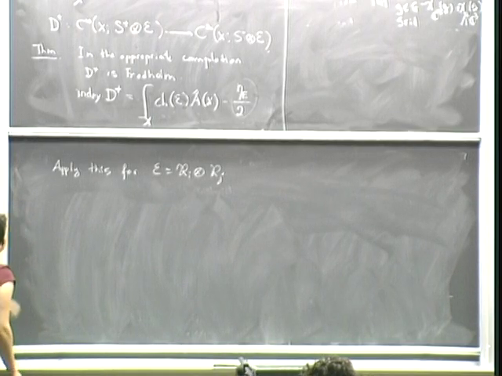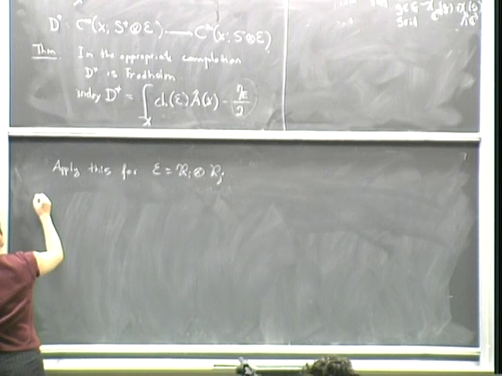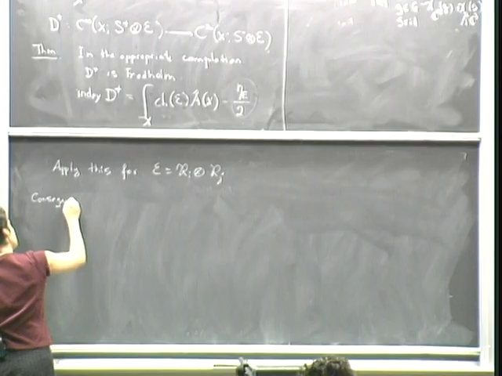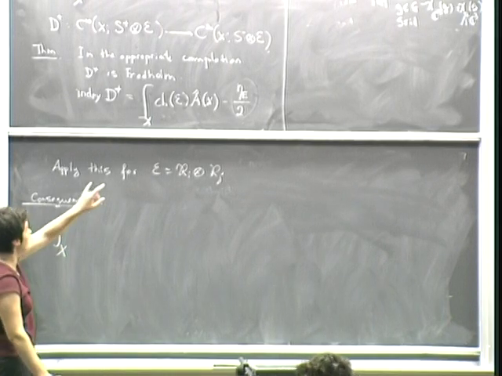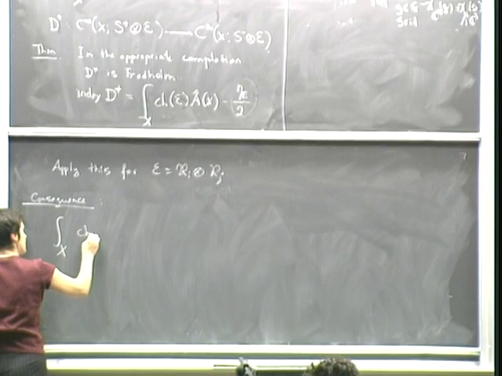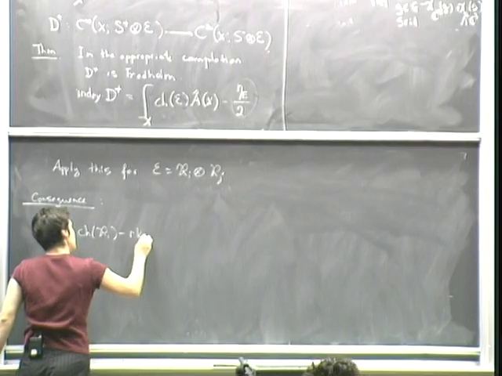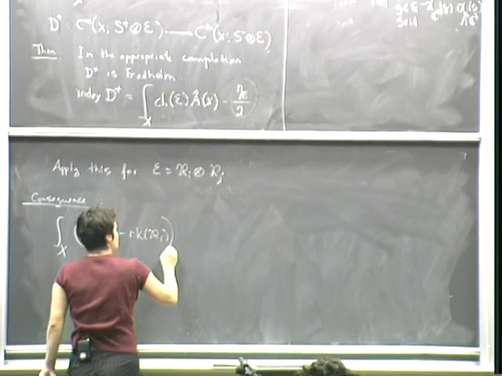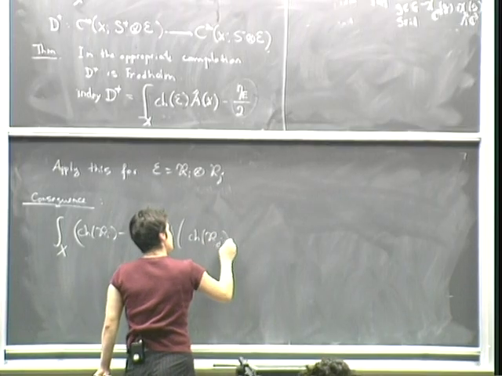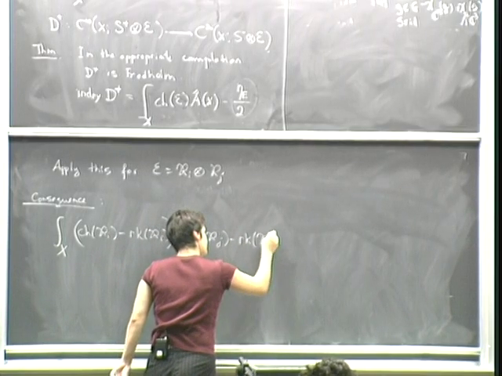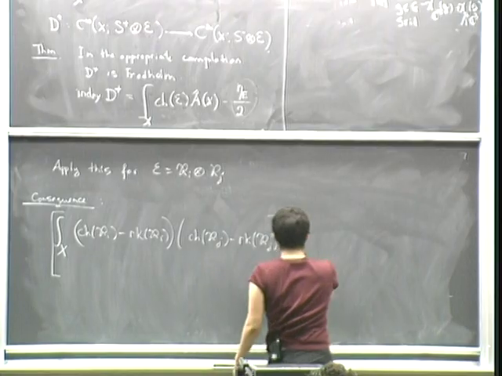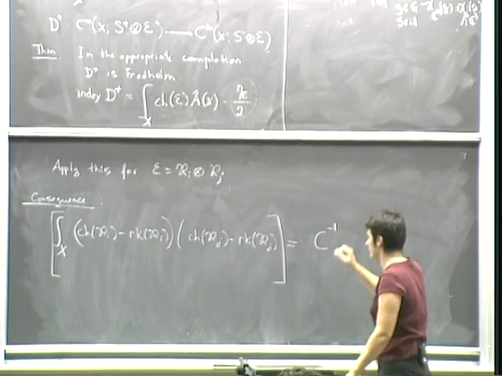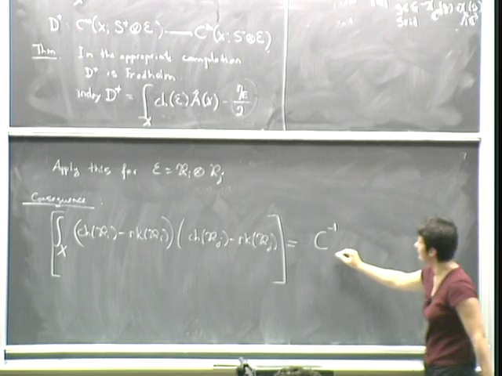And then what you are going to get as a consequence is that once you do some yoga with that formula and with the A-hat genus, you'll get that the Chern character minus the rank of the bundle Ri, times the Chern character Rj minus the rank of the bundle Rj, this matrix will be a matrix C to the minus 1, where, how do I define this matrix C?